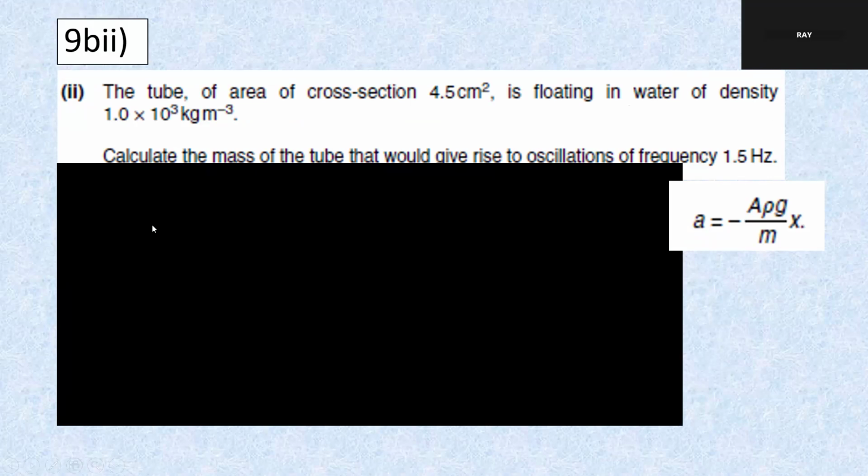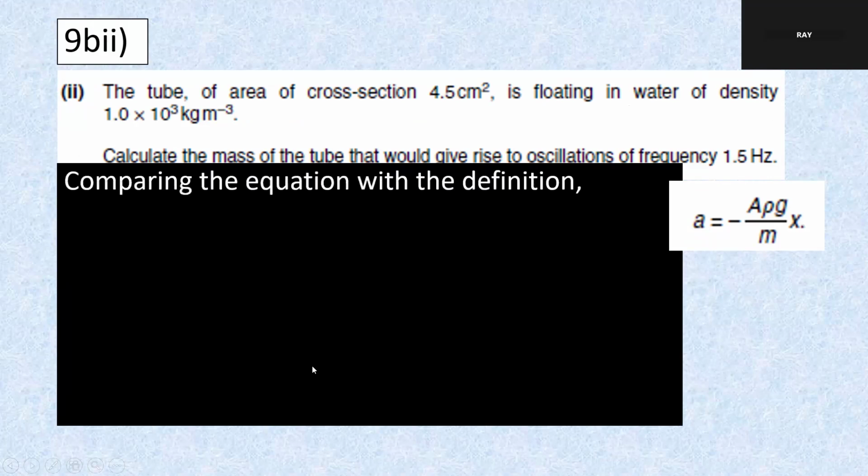The tube of cross-sectional area 4.5 cm square is floating in water. Calculate the mass of the tube that gives rise to the oscillation of 1.5 hertz. Comparing with the definition, omega square is equal to that.